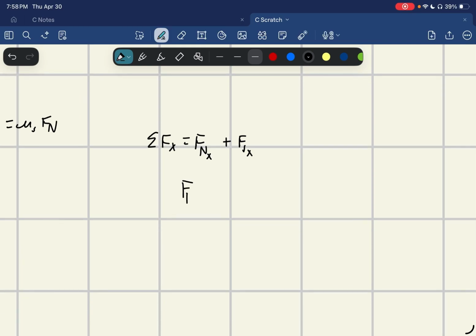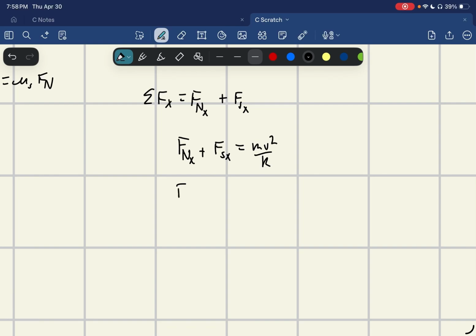So equating those two, breaking up fnx into fn cosine theta, and fsx into mu s fn sine theta, it is equal to mv squared all over r.